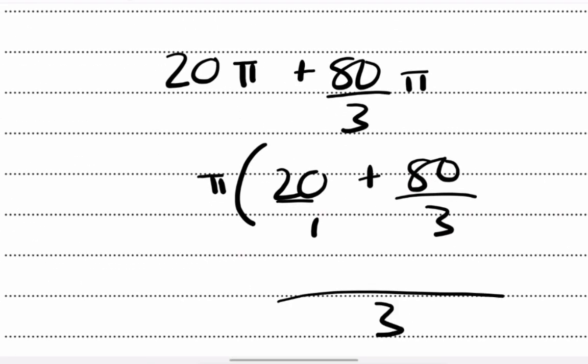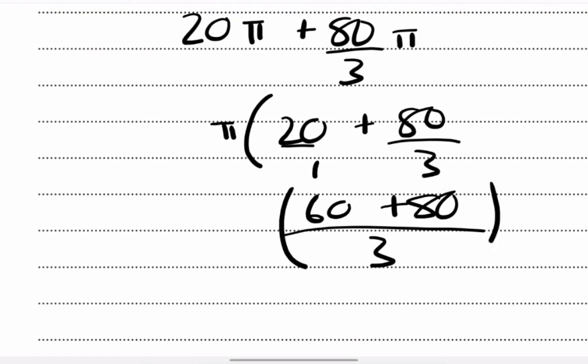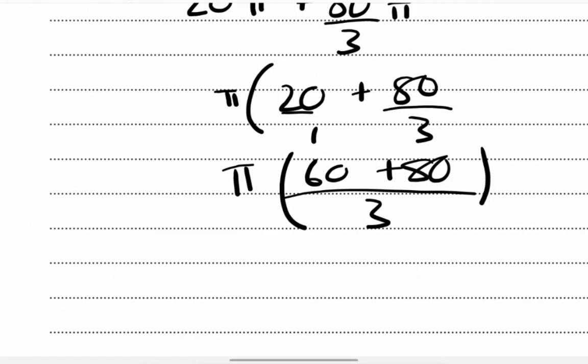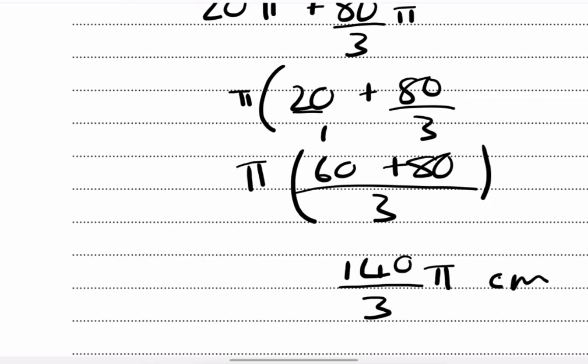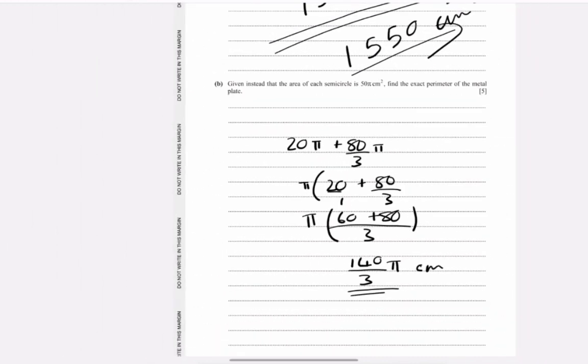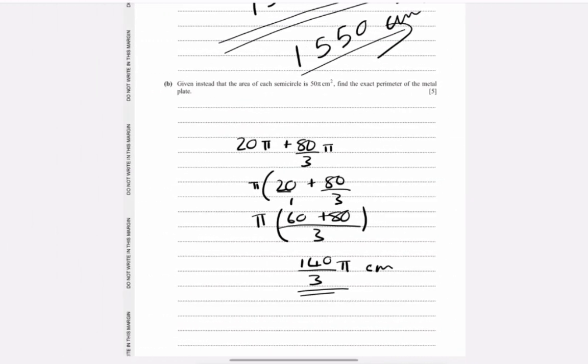So that's our 3 times 20, 60, plus 80, and this gives us 140/3 pi to be the perimeter of the metal plate, and you get your 5 marks for that.